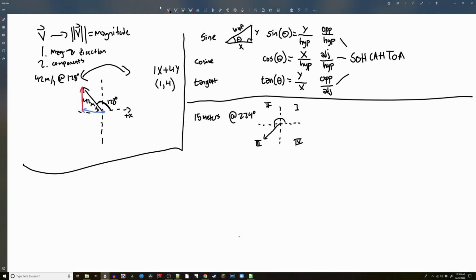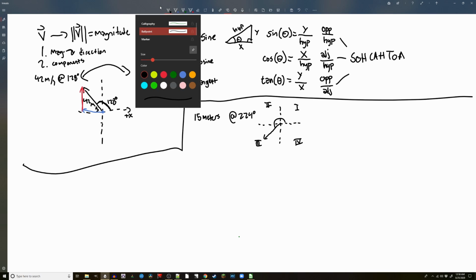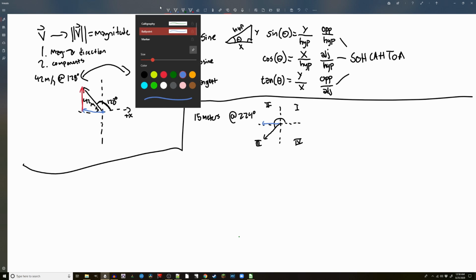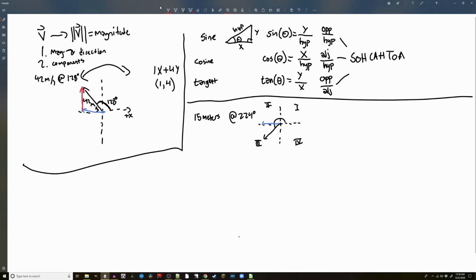What we want to do is we want to make this into a nice triangle with x and y components. I want you to note that both of these x and y components in this triangle are negative. That's because the x is going here in the opposite direction of the positive x-axis, and y is going down here, opposite to the positive y-axis.